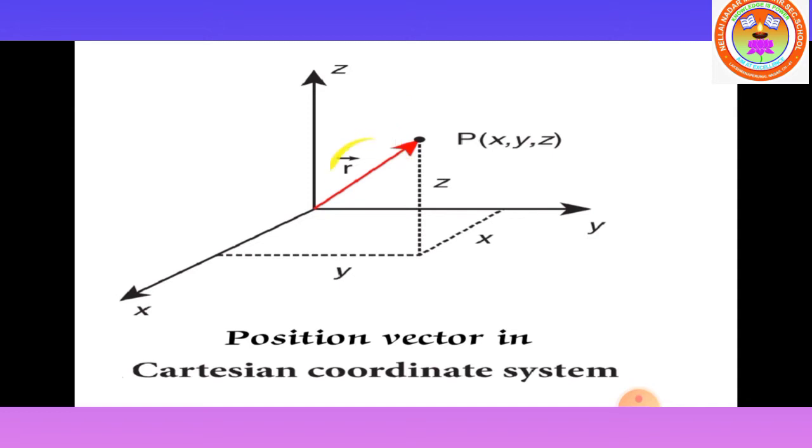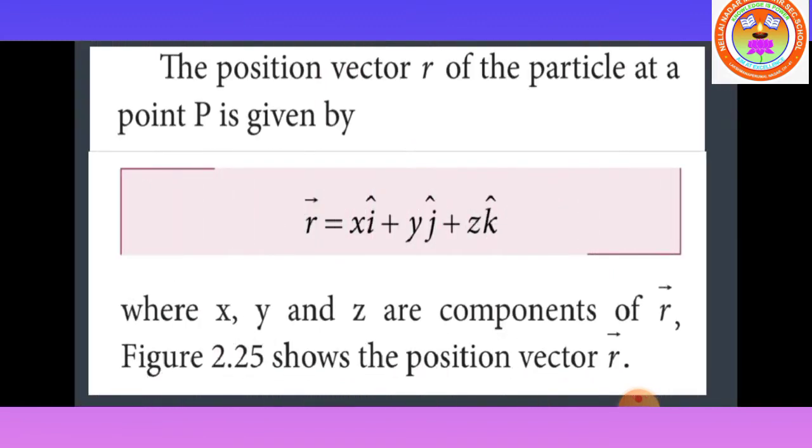So this is the R vector. Here it has a position at a point P. The position vector is also given by R vector is equal to xi cap plus yj cap plus zk cap.